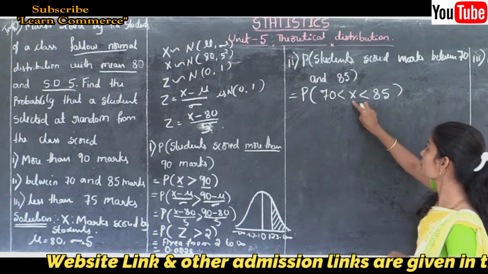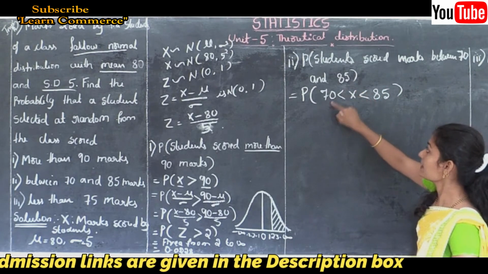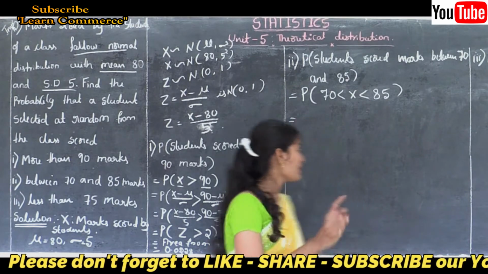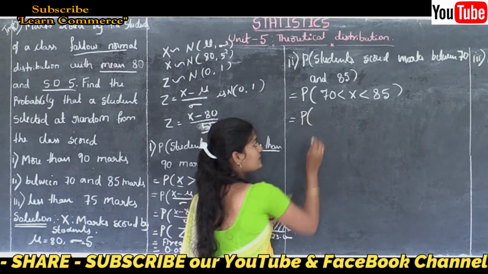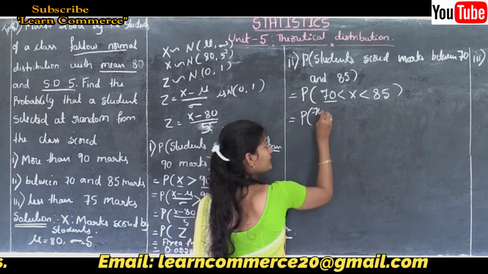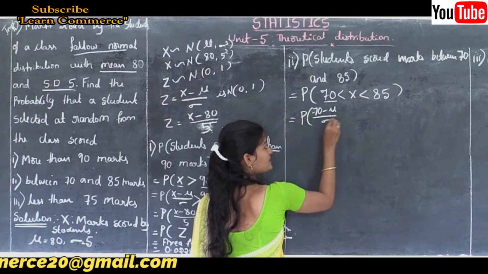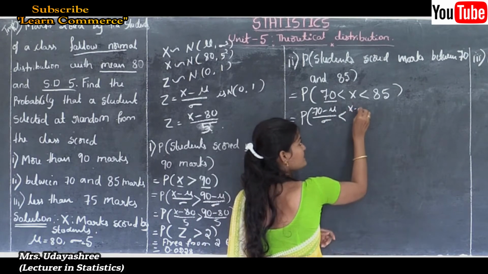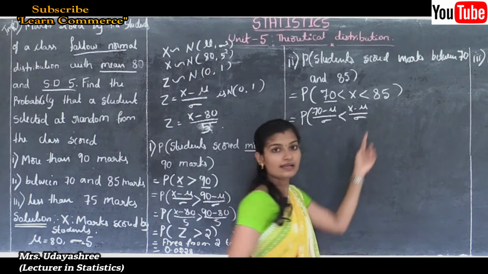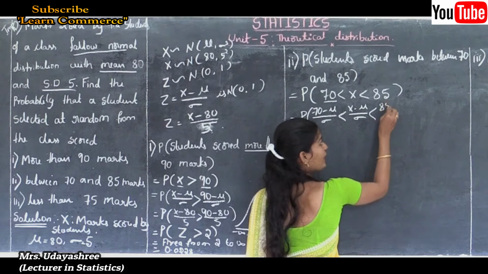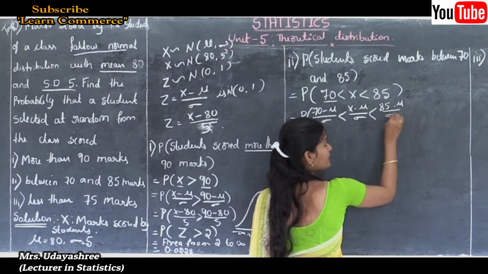The students' marks lie between 70 and 85. This is equal to the probability of 70 minus mu divided by sigma less than x minus mu divided by sigma less than 85 minus mu divided by sigma.